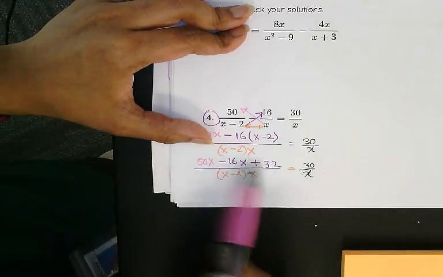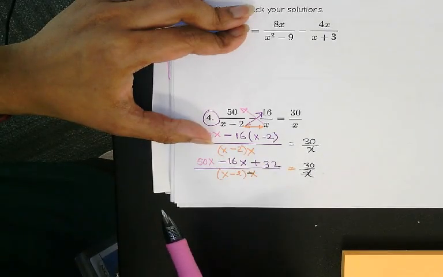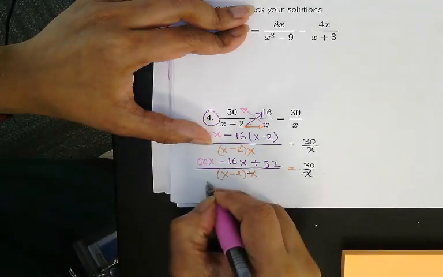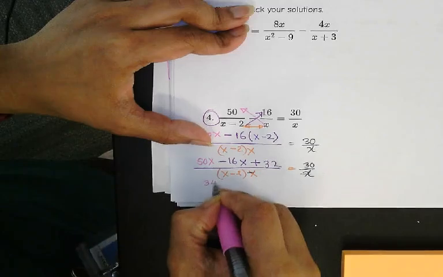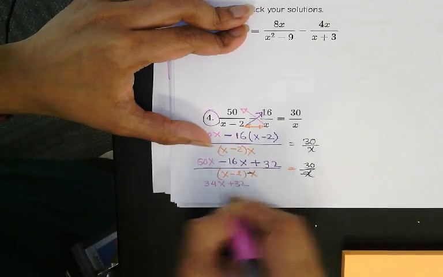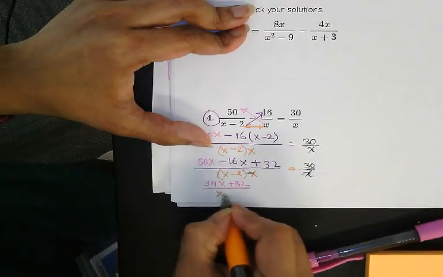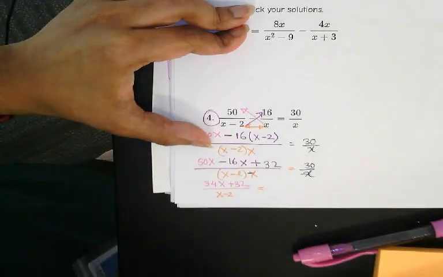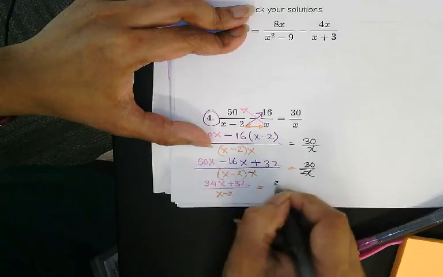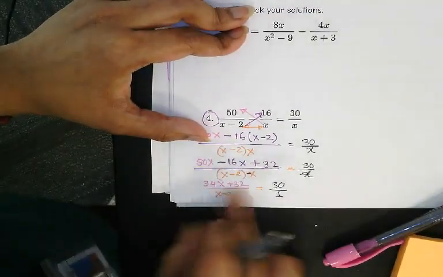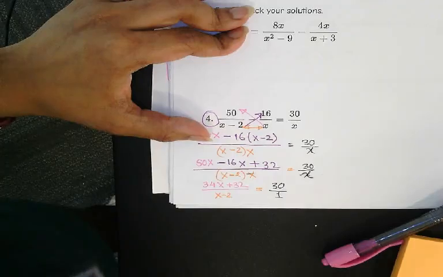And do I have any like term on the numerator? Okay, so what do I get? 34x plus 32 is over x minus 2 is going to be equal to 30 over 1. Do I have anything in the numerator, what is that, GCF?